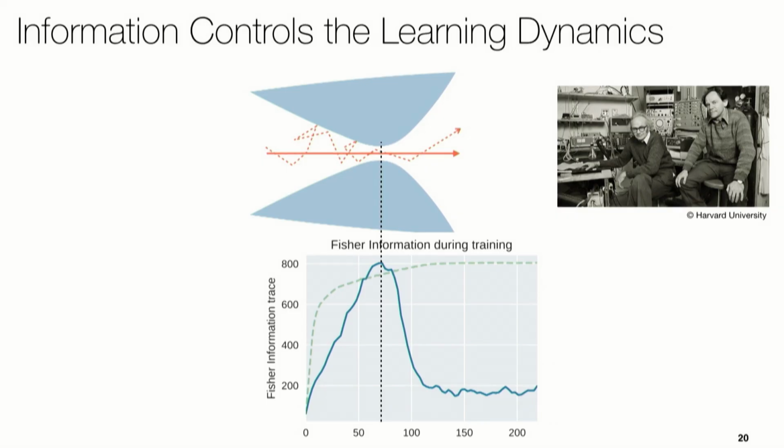Okay, so I want to go back to Hubel and Wiesel. So remember this plot. This plot is now the Fisher information in the weights during training of ResNet 18 on CIFAR-10. Okay? And what you can see is during training, the information goes up and then comes down. And Fisher information is the curvature of the loss landscape around where you are. So you don't need to be at the global minimum for it to mean curvature.